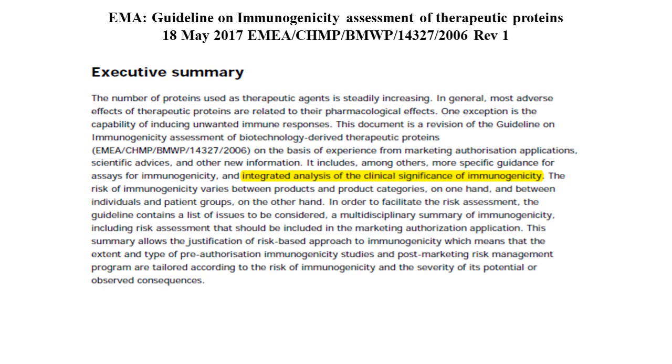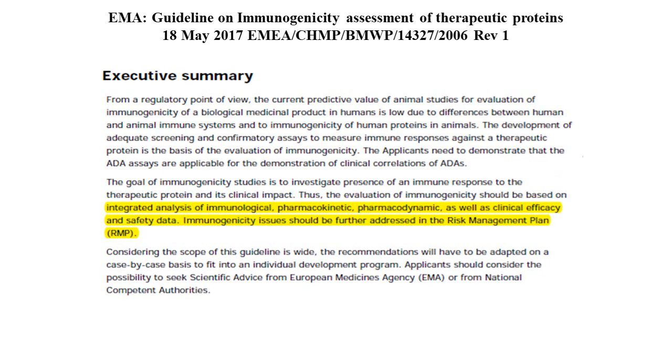So what they focus on is not just whether there was immunogenicity or not, but what the clinical significance was if there was any immunogenicity. That's the important thing: clinical significance.